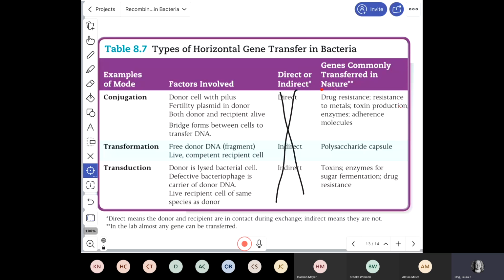What kind of genes are being moved? Drug resistance, toxins. I don't need you to match these with the style. I just want you to know these are some of the beneficial, lucky genes that bacteria could share with each other through these methods. Being drug resistant is dangerous to people. Toxin production is dangerous to people. Getting a capsule that can hide you from the immune system is dangerous to people.